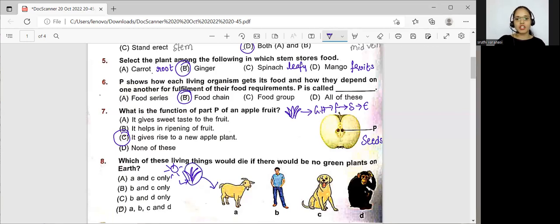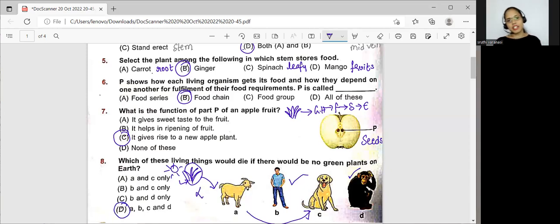If herbivores are not there, animal eating carnivores won't be there. If herbivores and carnivores both are not there, the omnivores like humans, chimps, rats will also not be there. So ultimately, if plants are not there, no food chain exists, no life exists. So therefore A, B, C, D, nothing will be there. So the correct answer is option D.